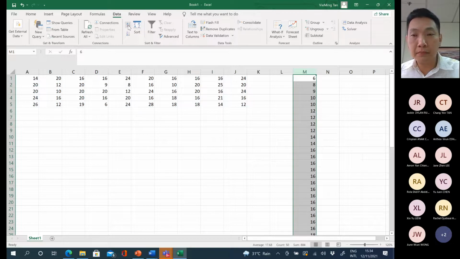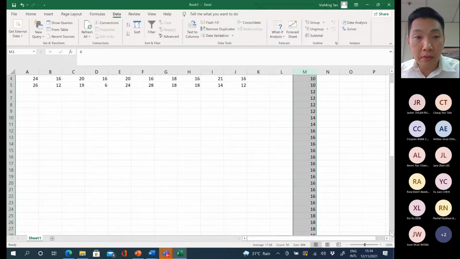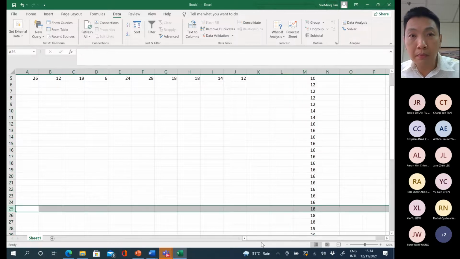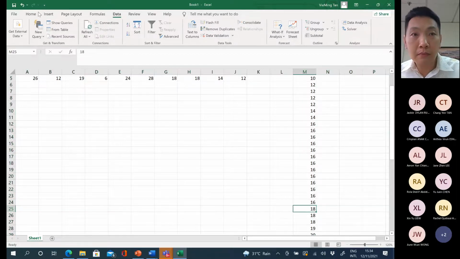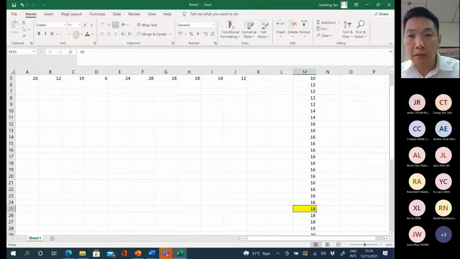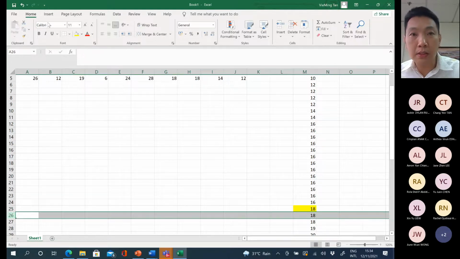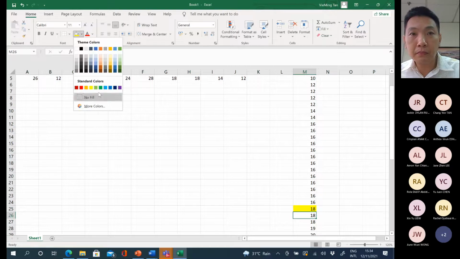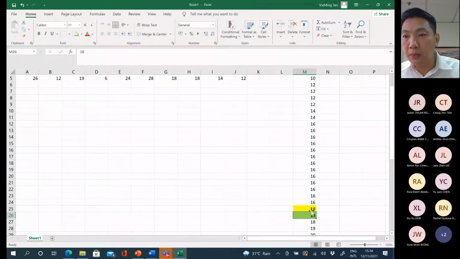Just now we know that the median is at the term of 25.5. That means it's in between this term and term 26, which is this term. It's in between these two numbers, but incidentally these two numbers are the same.